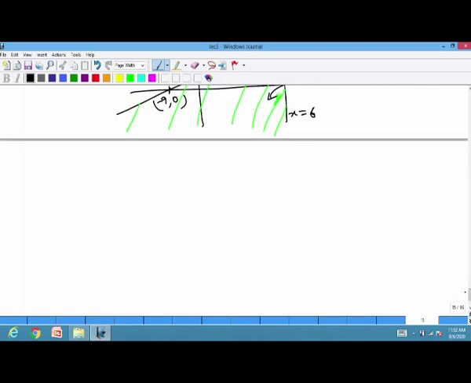Now, let us look at y equal to square root of mod (x plus 3).